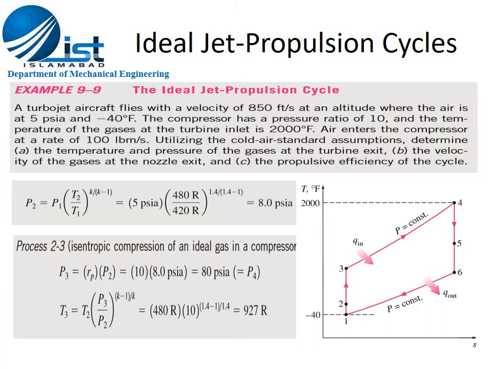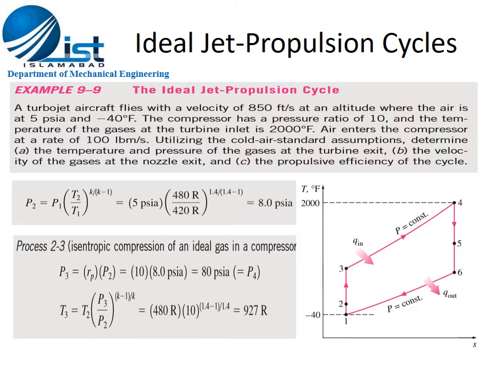Now come to the next process, which is 2 to 3, isentropic compression process of an ideal gas. At point 2 we have already pressure P2, 8 psia. At point number 3 we have to find out pressure and temperature. To find out the pressure at point number 3, we have a very simple relation of pressure ratio.